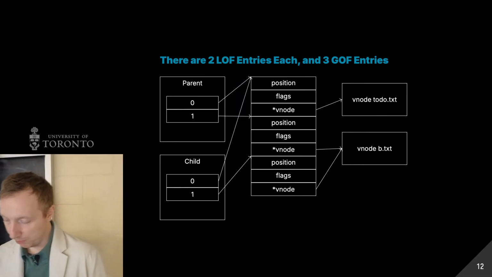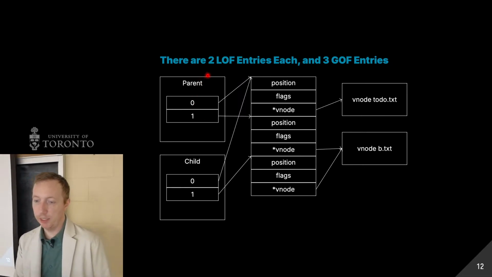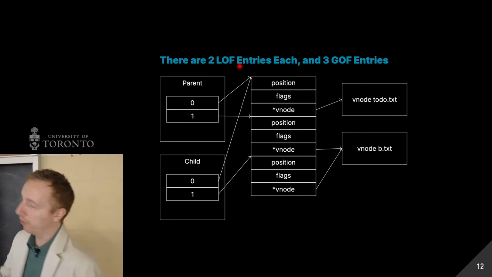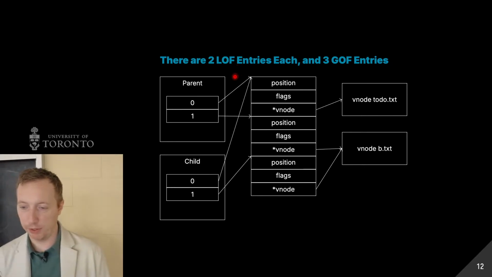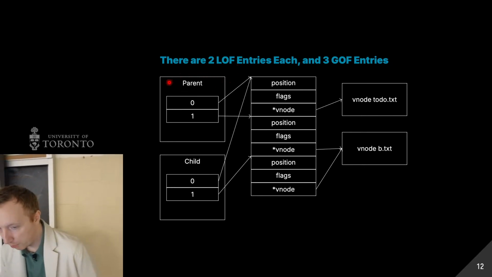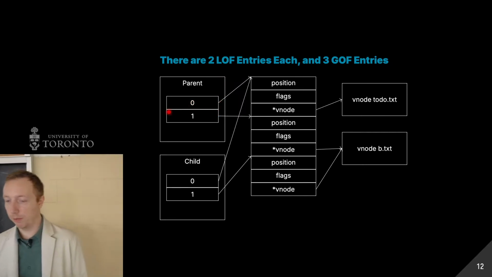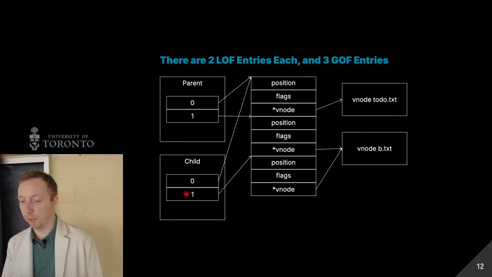In here, this is what happens visually from what we just did. Each process, ignoring the standard file descriptors, has two local open file table entries, file descriptor 0 and file descriptor 1.